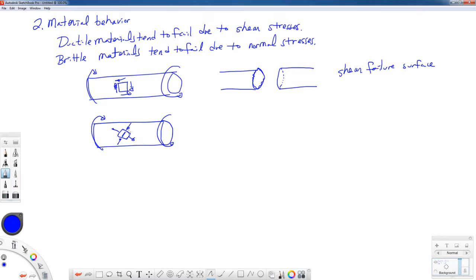The thing about this is that this surface wraps around this bar in a helical pattern at 45 degrees. And so sometimes what you can see is a very nice helical fracture pattern. I don't know if I can draw it very well, but it kind of goes on both sides of the bar. Something like that.